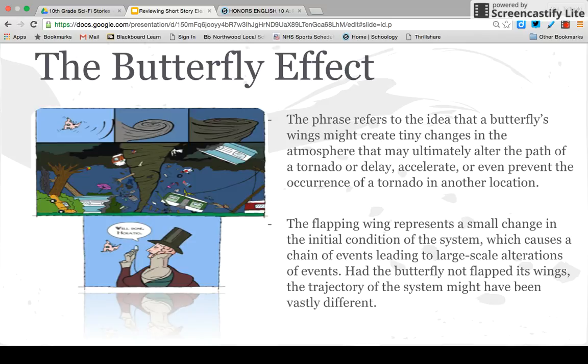The flapping wings represent a small change in the initial condition of the system, which causes a chain of events leading to larger scale alterations of events. Had the butterfly not flapped its wings, the trajectory of the system might have been vastly different. So it's this idea that one small thing that happens could change something that changes something else and changes something else. That's the butterfly effect.